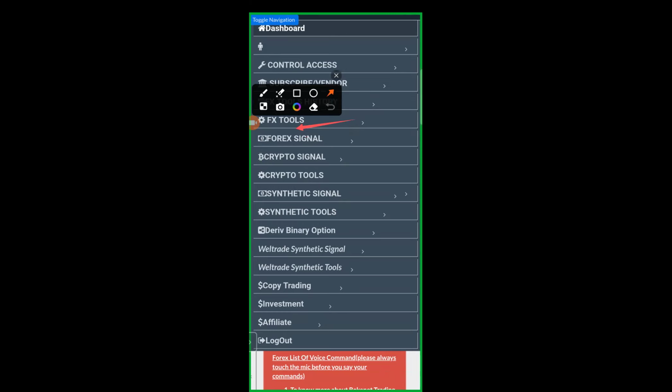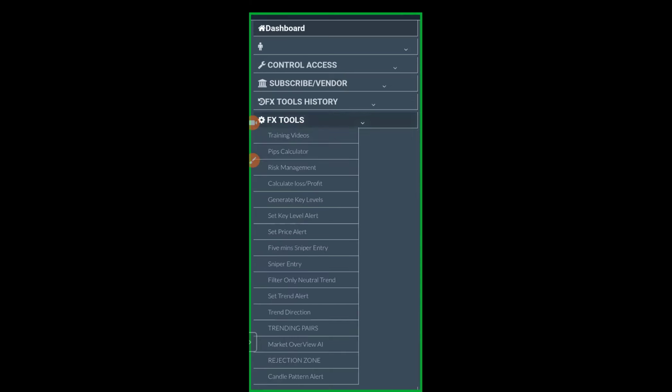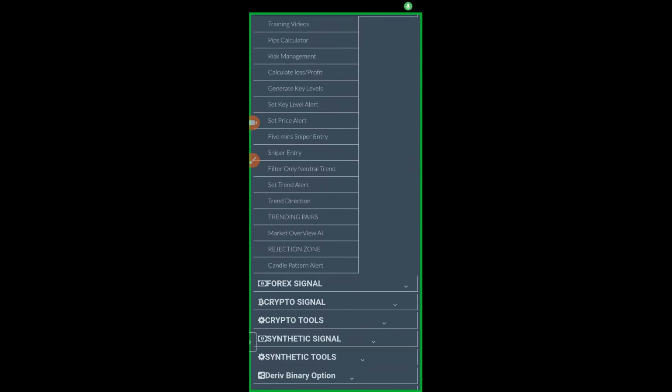This is Forex, the synthetics, and the well-trade synthetics, so it's easy for anybody to trade now. If you go to the Forex, look at the tools available here. There are many, but one of the massive ones that we are so crazy about is this market overview.